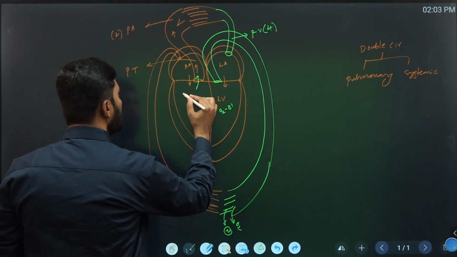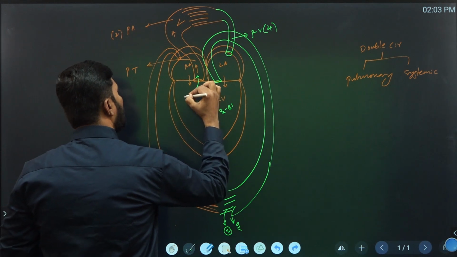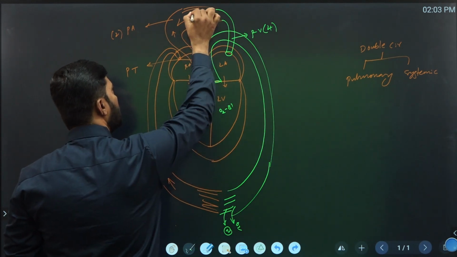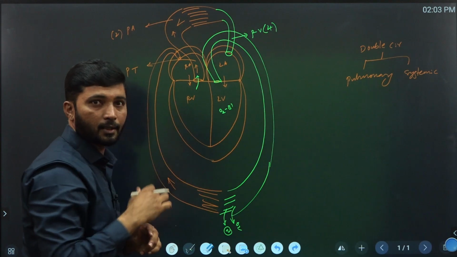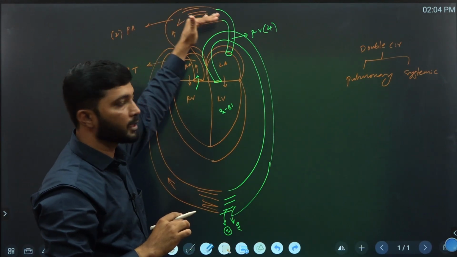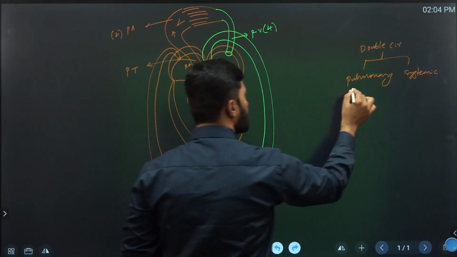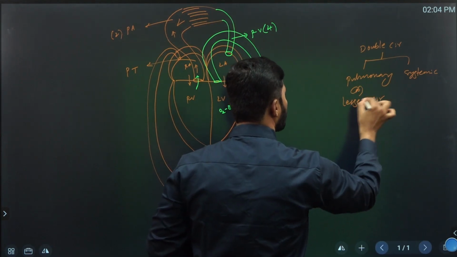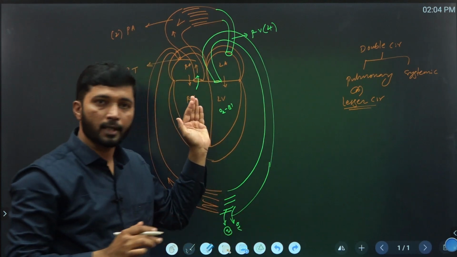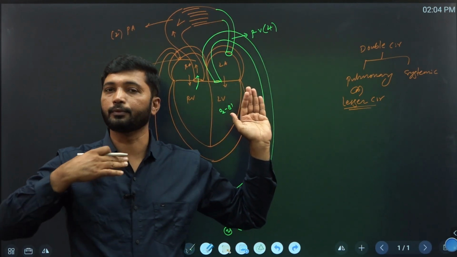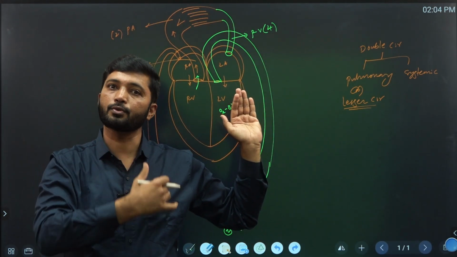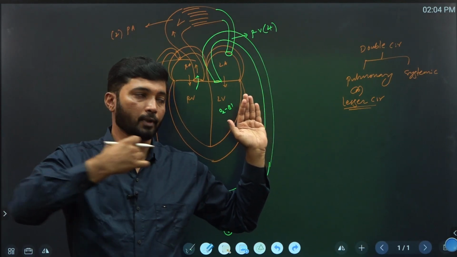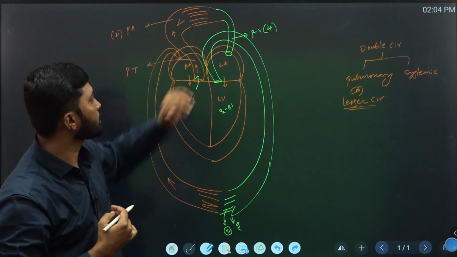So from heart to lungs and again lungs to heart, that is the circulation. Pulmonary circulation is also called lesser circulation, because it travels a short distance, from the heart to the lungs and back to the heart.